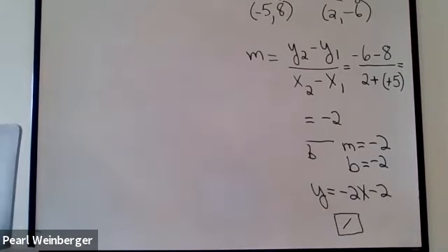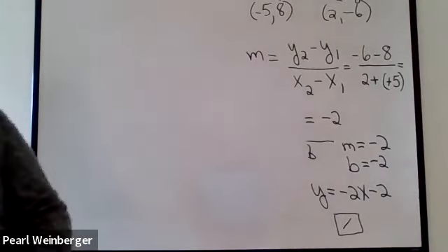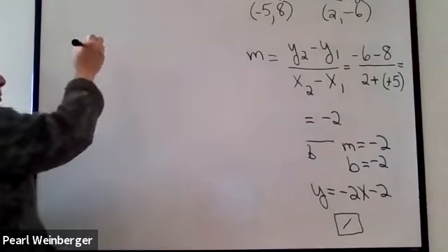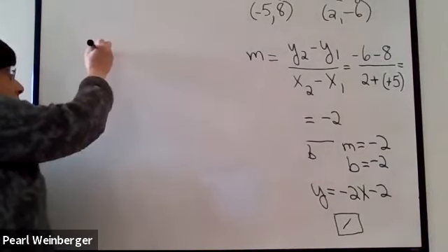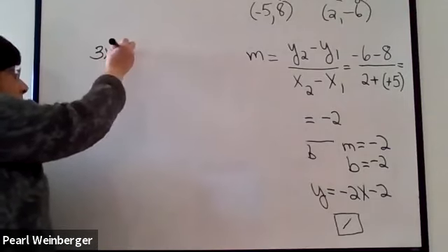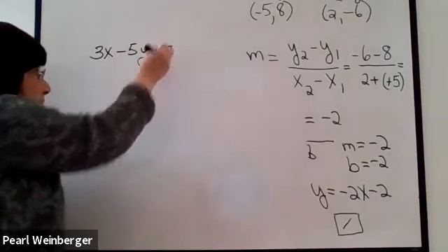All right, let me make one up. I thought I could get one from Delta Math, but somehow it is not behaving. Okay, let's say I gave you a question like this. I give you this equation, 3x minus 5y equals 7.